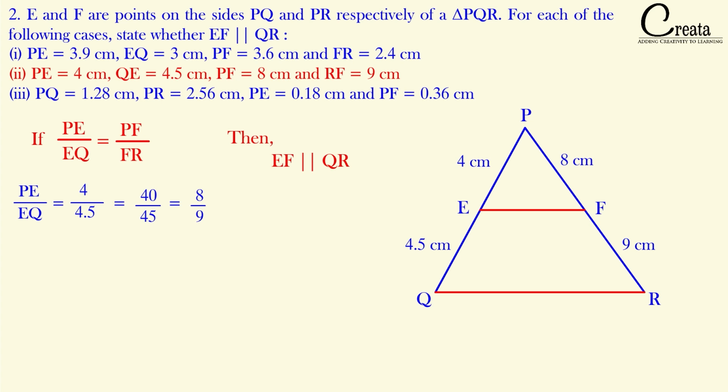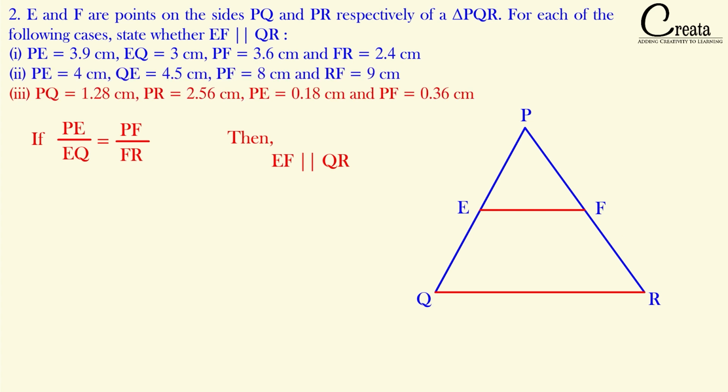It is 8 by 9. Let's find PF upon FR, which will be 8 upon 9. So basically we got left hand side is equal to right hand side, that is BPT ratio is matching. So we can say EF is parallel to QR. Got it? This ratio is matching, so these two line segments will be parallel to each other.